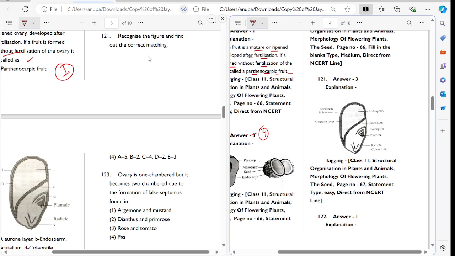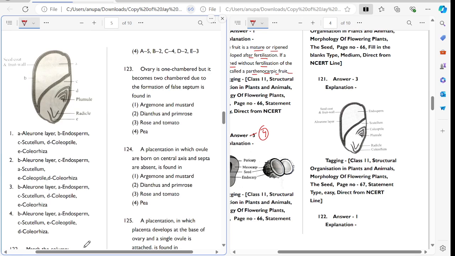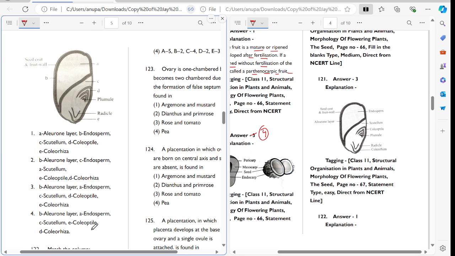Question number 121 states that recognize the figure and find out the correct matching. So let's see the figure. This figure is a figure of a maize seed. This is the seed coat or fruit wall.